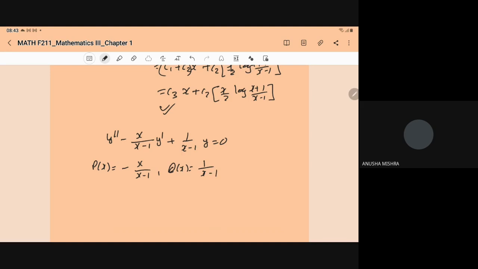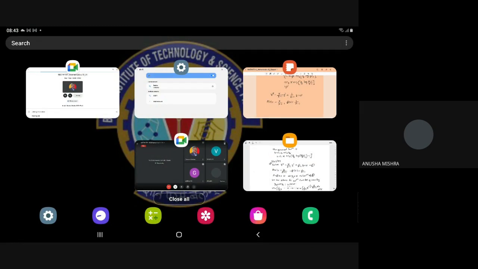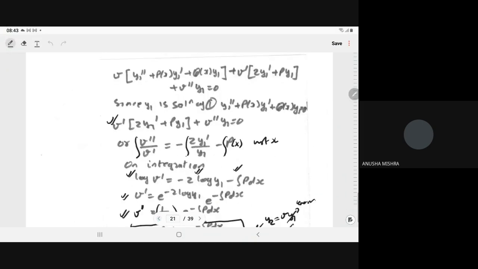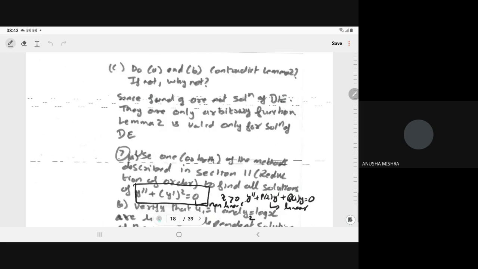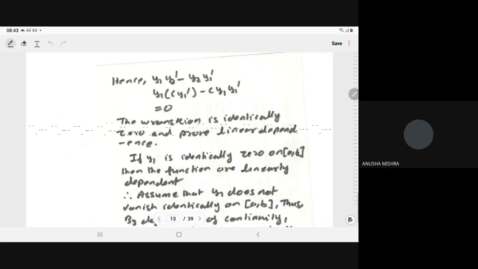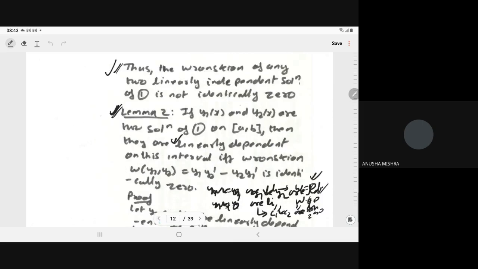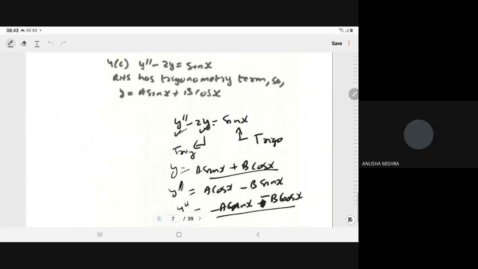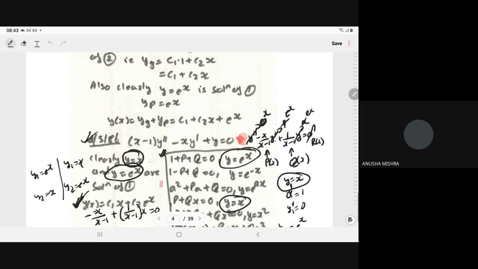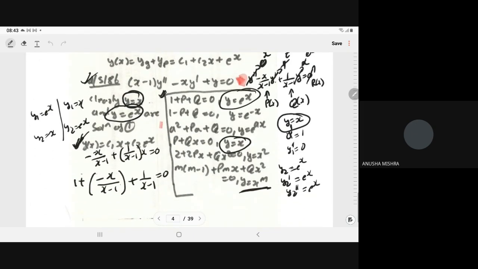In this case, I have told you in previous classes how to recognize which one is the solution, when I started the second order differential equation. So this is the formula, right?